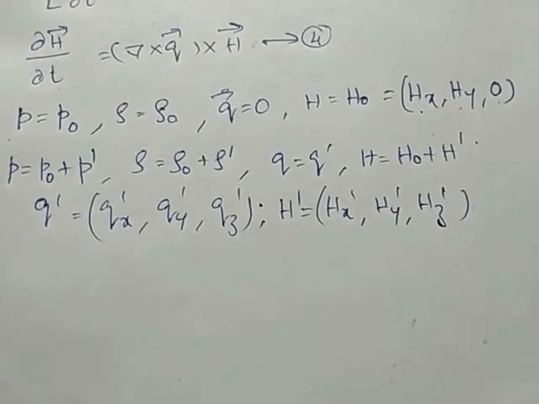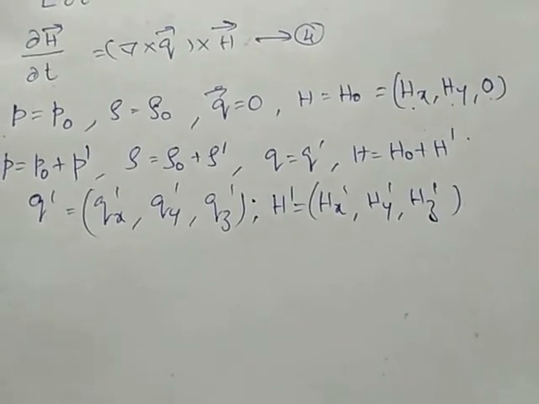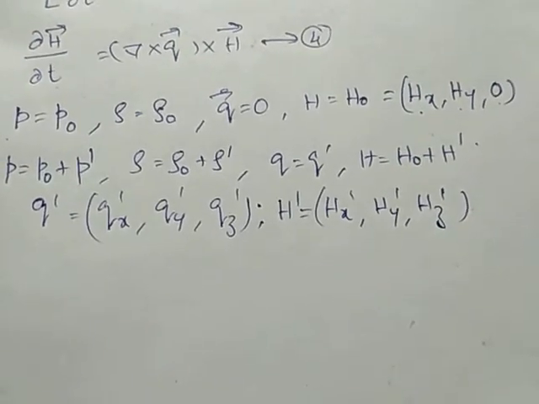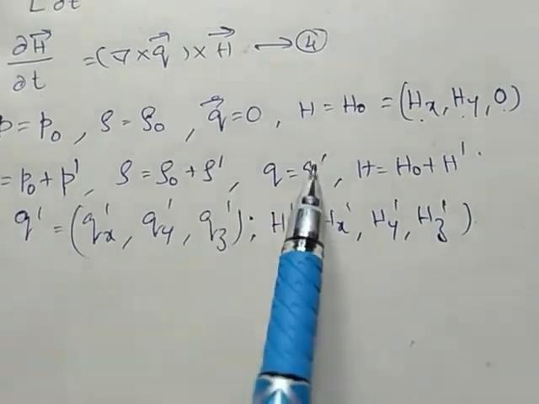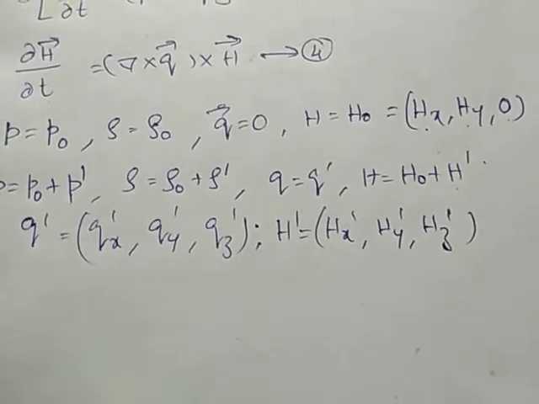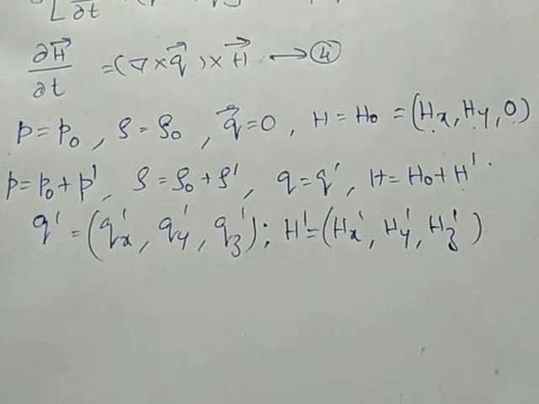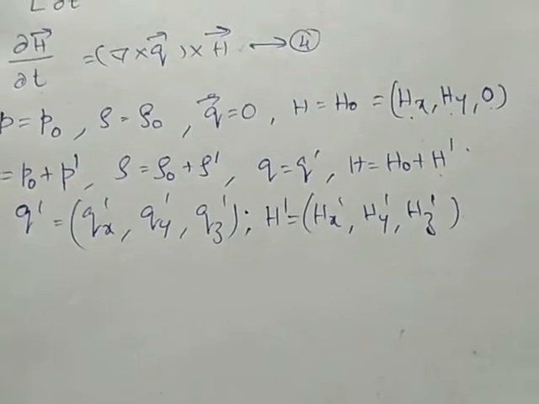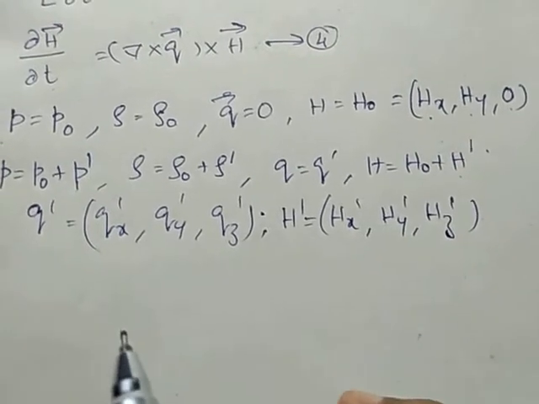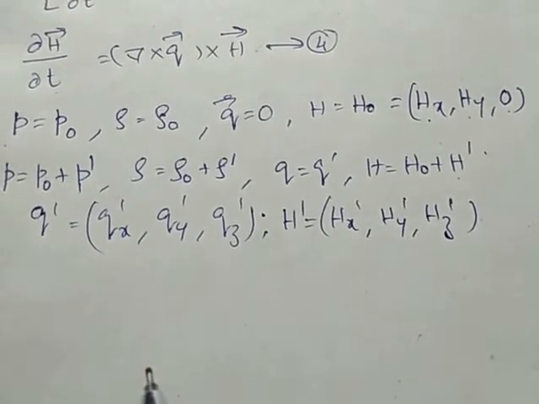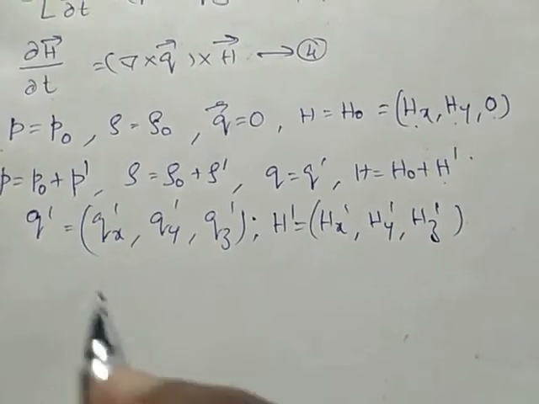Whenever the quantities are small, we will neglect the square terms and products of these quantities. Same as the previous procedure, whenever we have squares of P dash, rho dash, q dash, H dash, or products of these terms, we will neglect them because they will be very small. Also, since the fluid is compressible, the density is a function of pressure, or the pressure is a function of density.